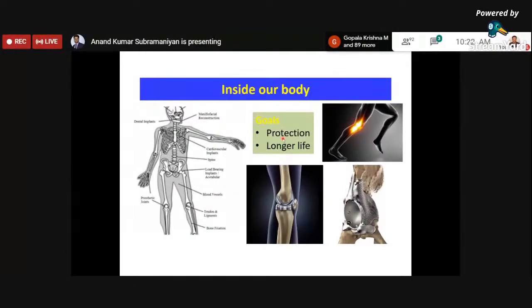That is goal number one. Number two, of course, we want to enhance the service life of these implants, or in the previous case, the mechanical engineered components. The life has to be increased so that there won't be frequent maintenance required, and subsequently we can have better efficiency of our mechanical system, right?